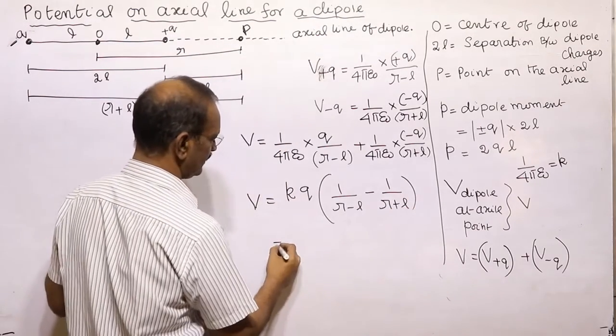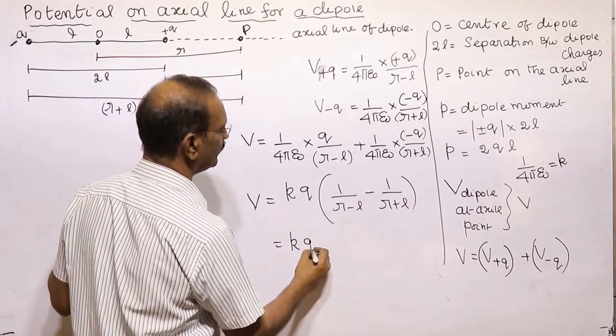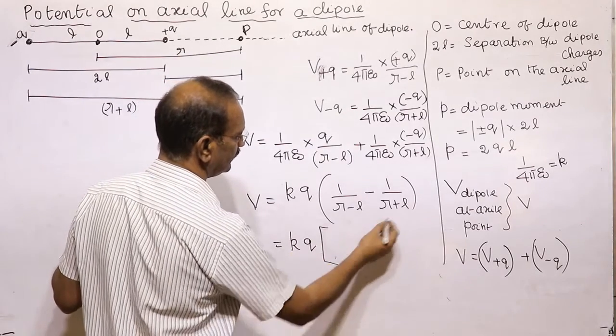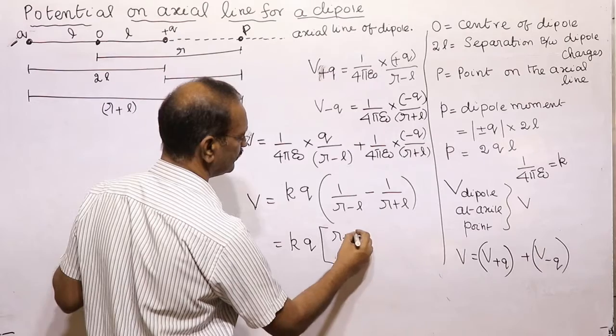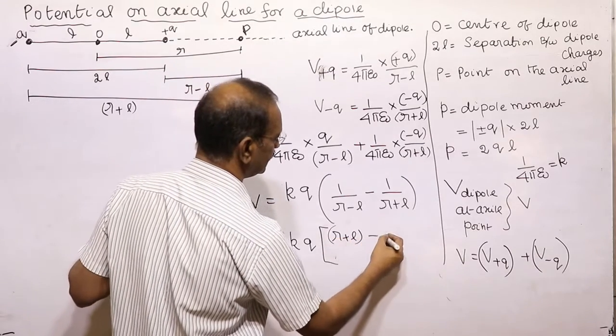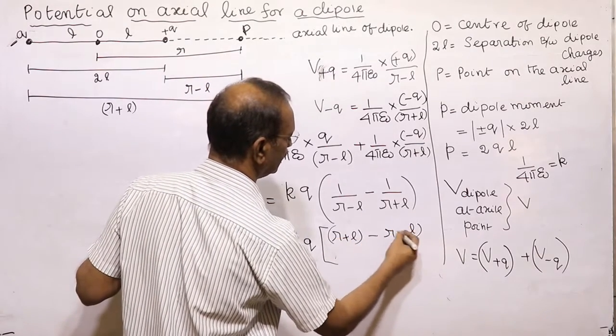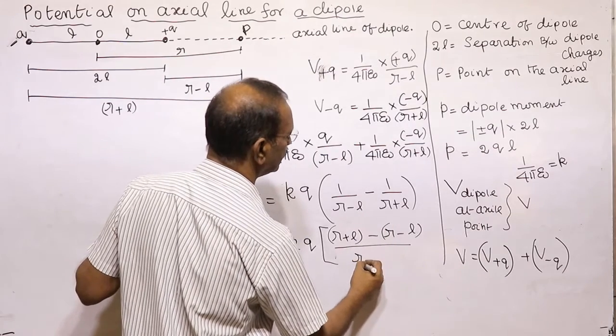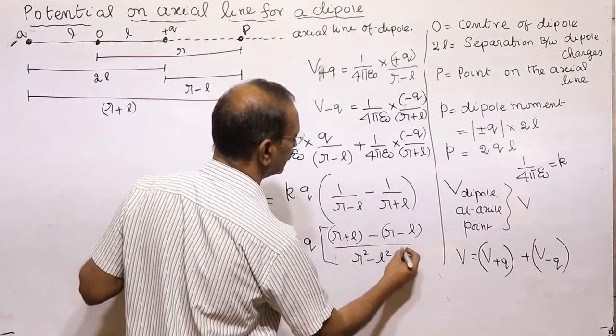On simplifying, this is equal to K into Q into, after simple simplification, r plus L minus r minus L, divided by r square minus L square.